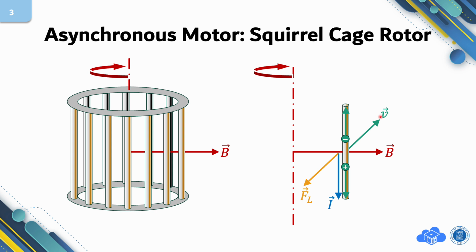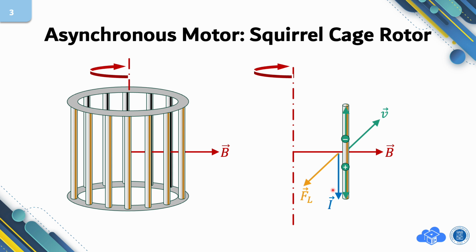Because of this relative motion, all positive charges on the rotor bar will go downward while the negative charges will go upward. So this behaves as a battery as it moves around the magnetic field. Because of this polarity, positive and negative, there will be an internal current indicated by this vector and denoted by I.